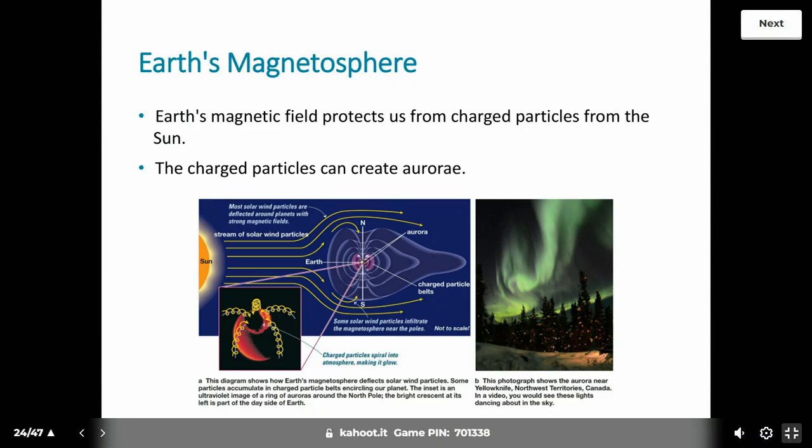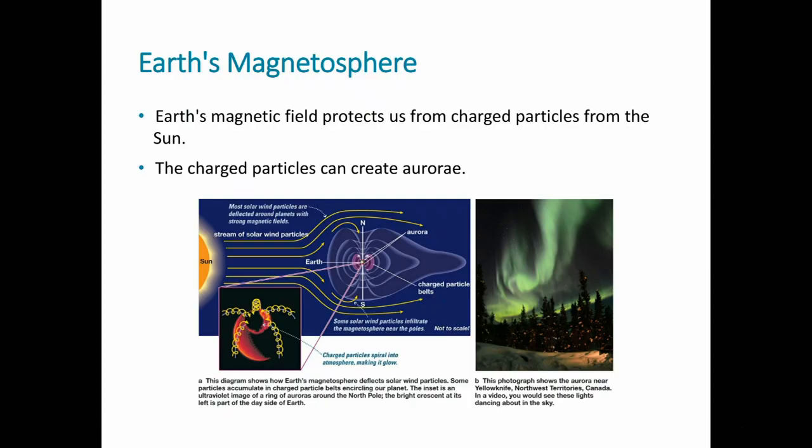And so the most striking evidence for Earth's magnetic field are the auroras. And so an aurora occurs when you have particles coming off of the sun that are charged. They will interact with the Earth's magnetic field lines and spiral in towards either the north or south pole.